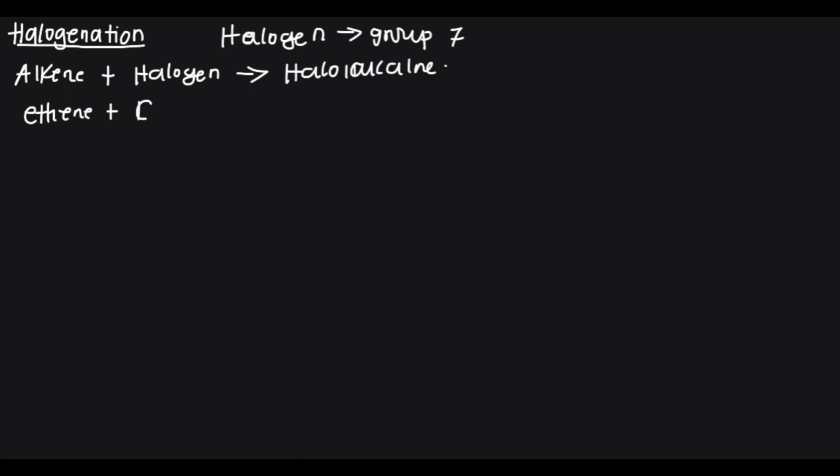Let's say we have chlorine. Then for the product here, we are going to have dichloroethane, since we have 2 atoms of chlorine.